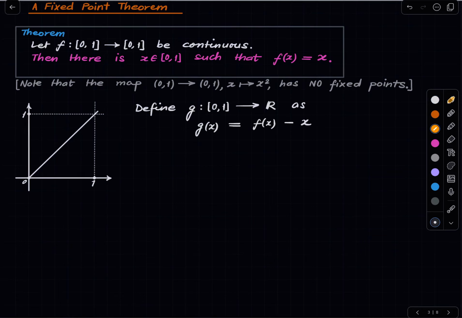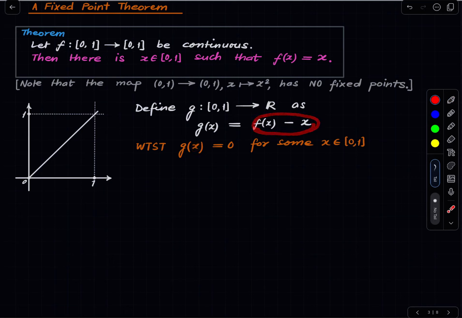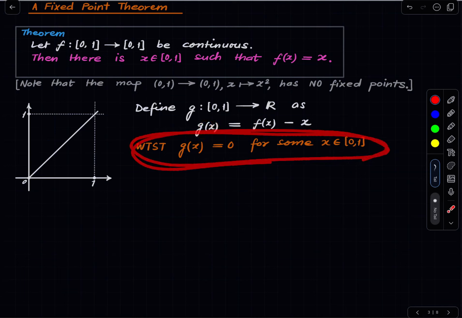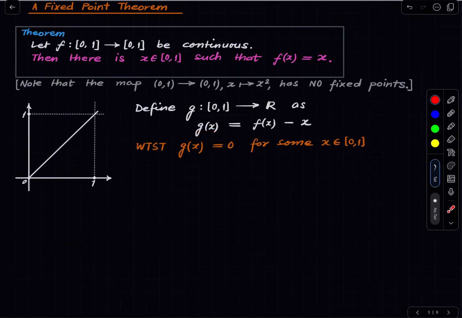And a restatement of the problem is that we want to show that g(x) equals 0 for some x in the domain. Right? So if we are able to find such an x, then for that x, we must have f(x) equals x, because if g(x) is 0, then f(x) should be equal to x. So this is our goal. This is what we will achieve using the intermediate value theorem.